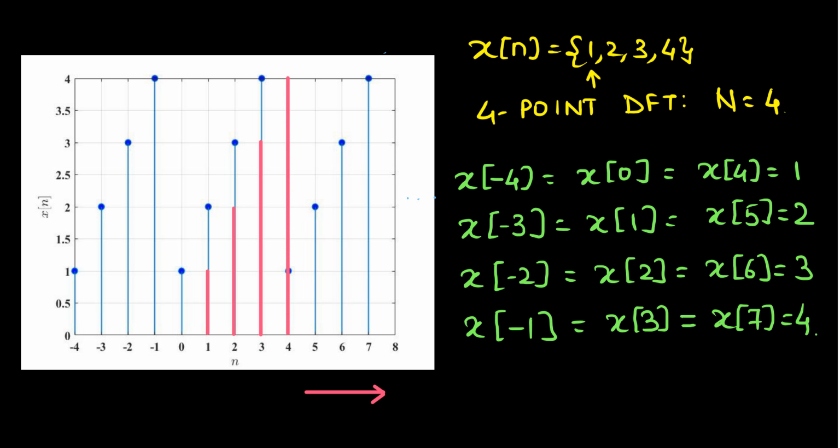But if I shift it by a factor of 4, then I would have this 1 here, 2 here, 3 here, 4 here. Similarly, the part which was present initially from -4 to -1 would now be present at this location.